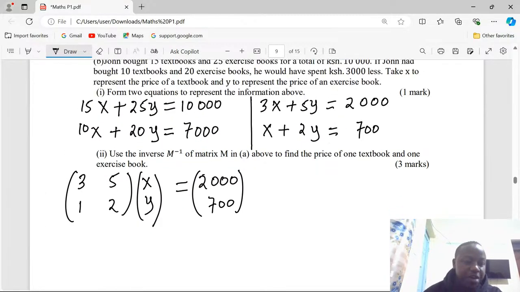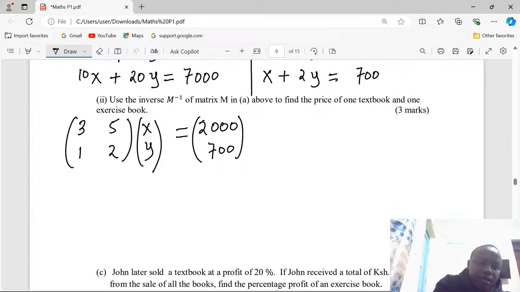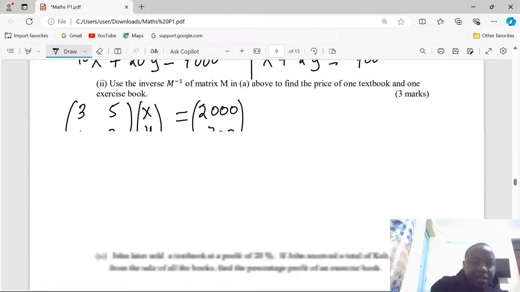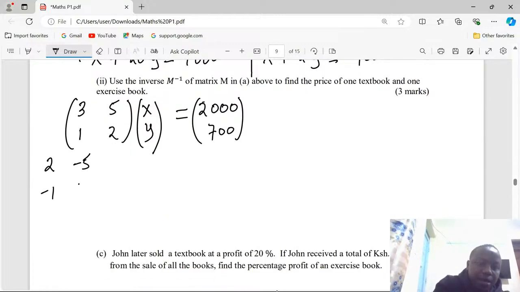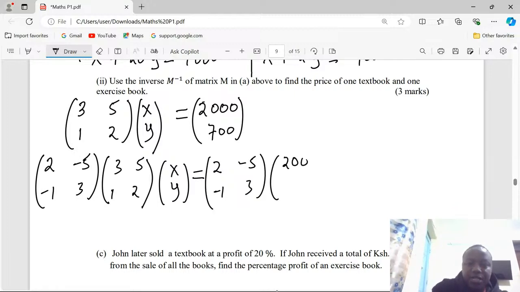The inverse has already been obtained, so we just introduce it here now. 2, -5, -1, 3, multiplied by 3, 5, 1, 2, multiplied by xy equals, we bring it again here, we pre-multiply both sides, 2, -5, -1, 3, then there is a 2,000, 700 here.